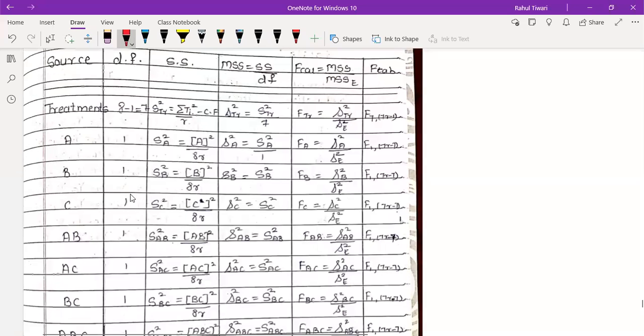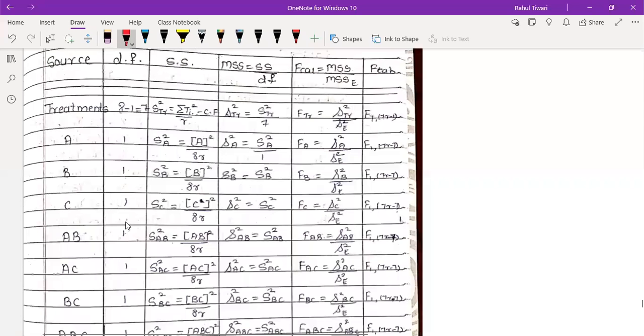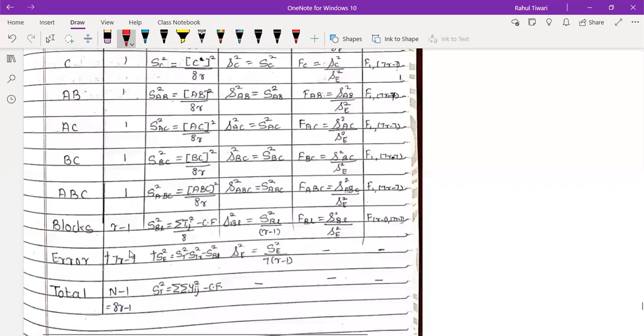The treatment degrees of freedom are 1 each. Total will be 8R minus 1, and block will be R minus 1, since R is repeating. So 8R minus 1 minus treatment minus block gives the error degrees of freedom.